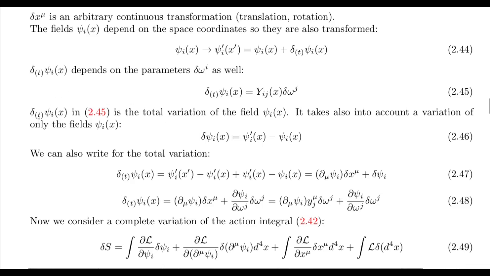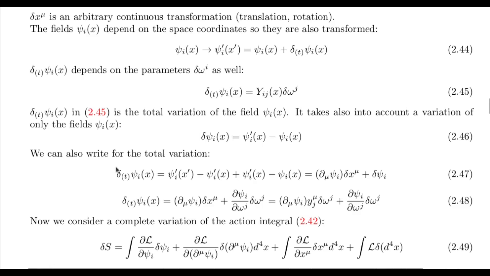Now, the delta psi here, that is the total variation of the field psi. And so we can write only for the transformation in the fields delta psi, that is the transformed psi minus the old psi, this one.